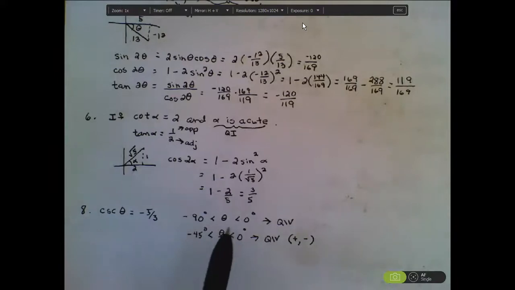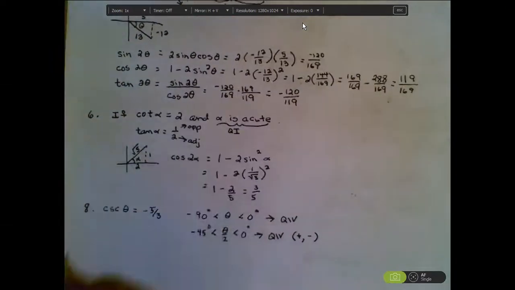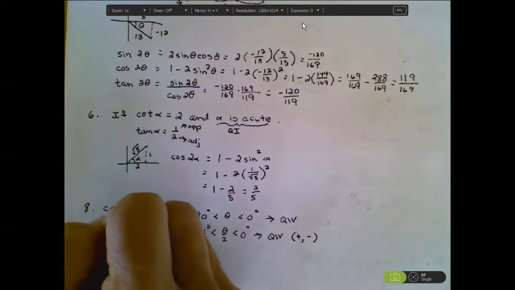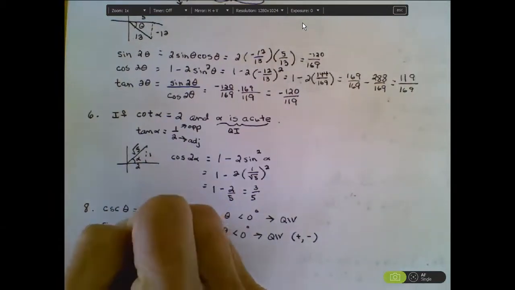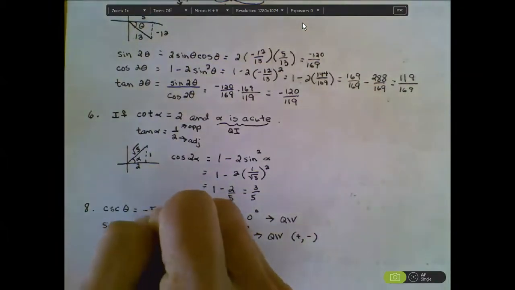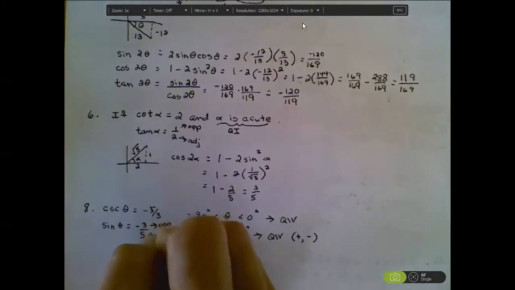All right, let's draw a picture of this 4th quadrant angle and label it in such a way that cosecant is -5/3, or if your brain doesn't like dealing with cosecant, you can say if cosecant's -5/3, then sine is -3/5, and that means opposite is -3 and hypotenuse is 5.